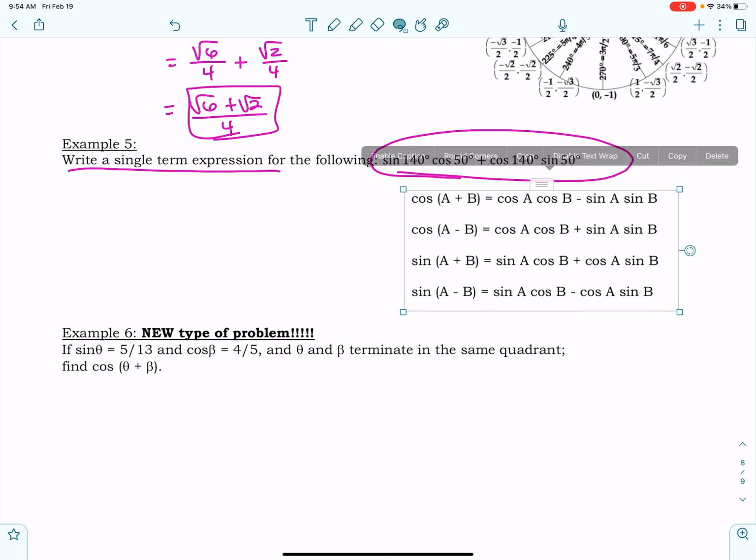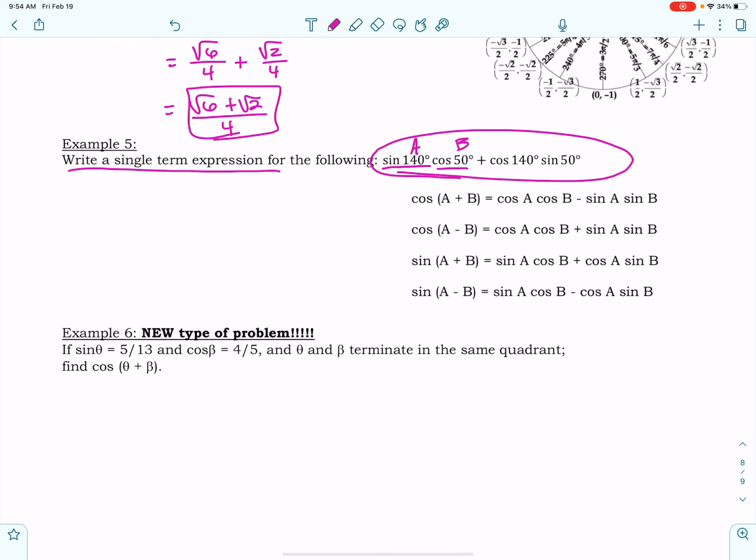Okay, so I want you to notice something. We have sine of a value, so let's call this A. And we have cosine of a value, let's call this B. And then we have plus cosine of A, sine of B. Okay, because 140 is A and 50 is B. So I'm going to look for the one on this side that looks that way.